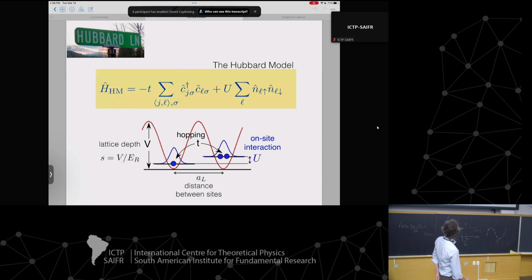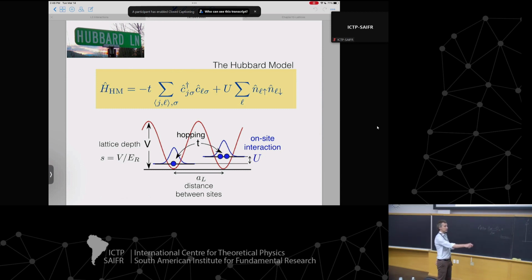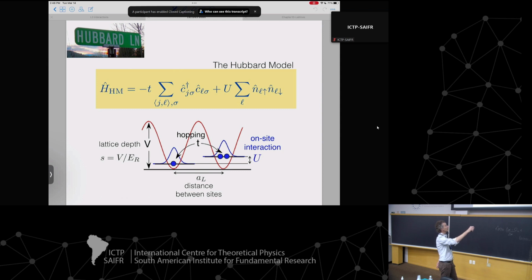Yeah, so in this model here, the only competition for on-site interactions is this kinetic energy term here that comes from hopping. If this is weakly correlated, that means that U is so small that it's a perturbation to the band structure we already calculated from this term.